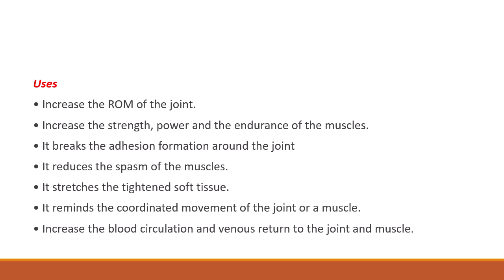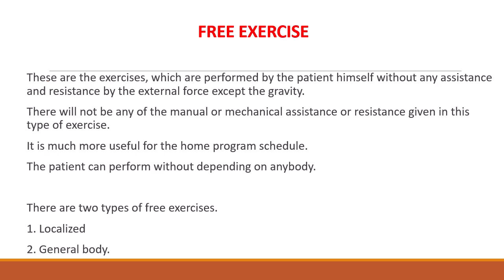It breaks the adhesions formation around the joint, reduces the spasm of the muscle, strengthens and tightens the soft tissue, retrains coordinated movement of the joint or the muscle, and increases the blood circulation and venous return to the joint and the muscle. Thus we will get these from the exercises.